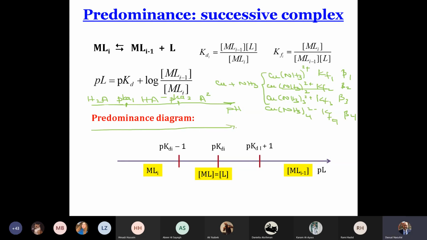Suppose pH, you want to work on the particle exchange, which is also on pL. We have to look at the value of pKd, okay? Which is pKd1 or pKd2. Okay, H2A, you have ML2, ML, and you have M. So this is pKd2.